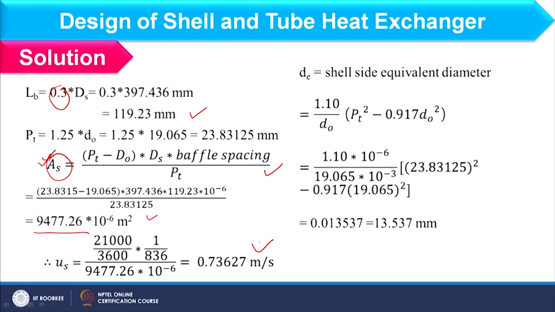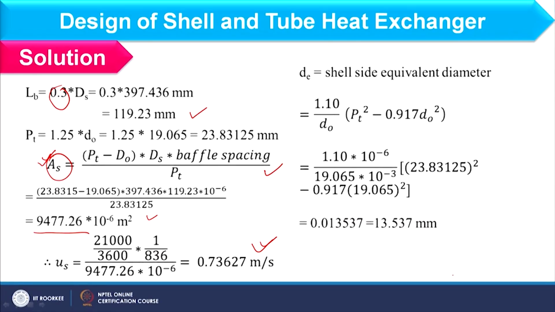Considering this, we can find out the velocity in shell side. If you remember the range of velocity in shell side, this velocity is falling within the range. And next we have to find out the equivalent diameter in shell side.